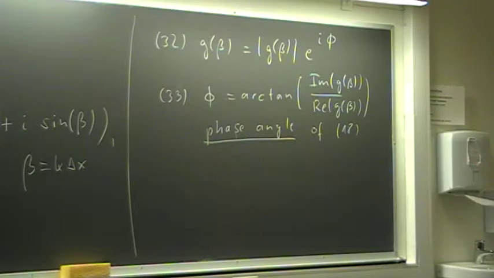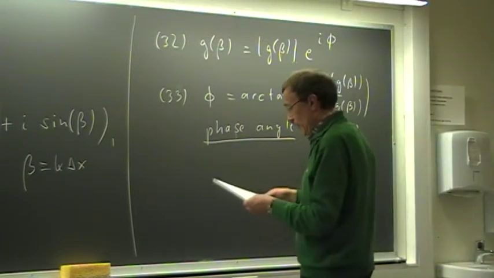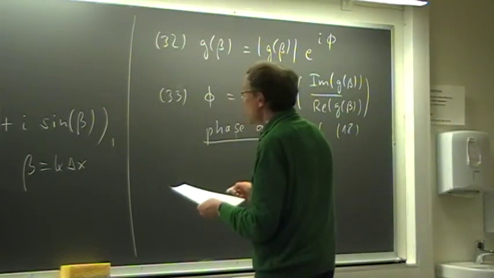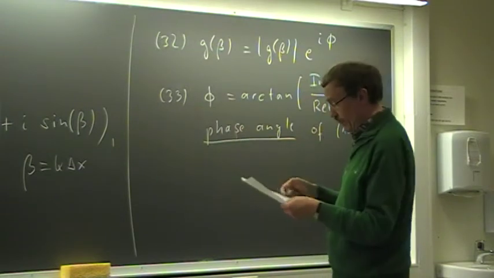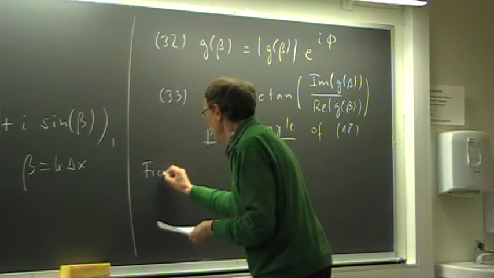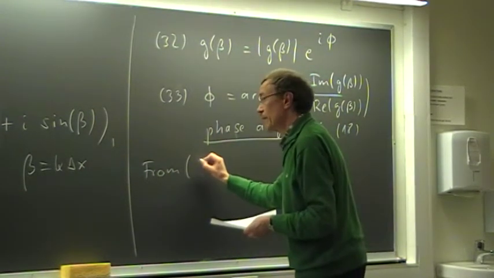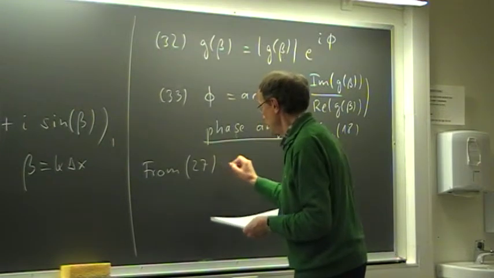Now we want to analyze this a little bit. And the first thing is we want to see what is the absolute value. So the absolute value, we can get from the representation of the amplification factor, that is 27 that we have here.